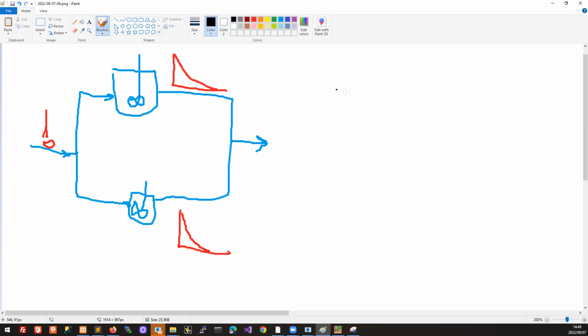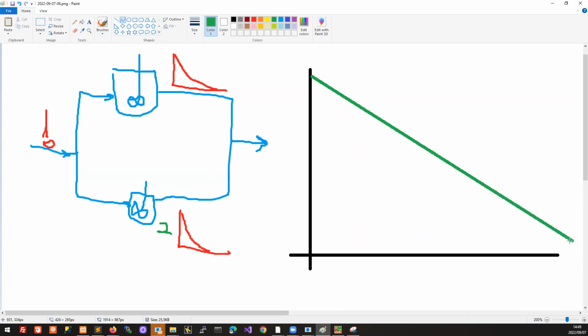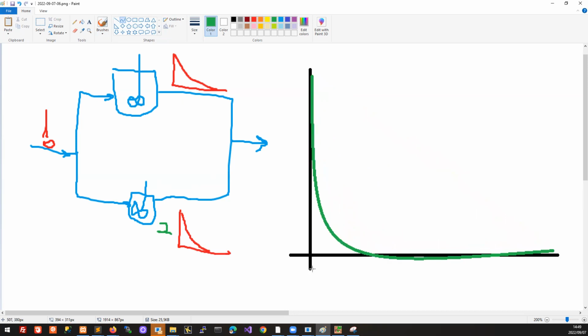So let's draw this more carefully. Let's put down some axes. If we have a lower tau value here, so this is 2, okay? From reactor 2, we will have an exponential decay with a smaller space-time. So we are going to get something like this. It's going to decay pretty quickly.